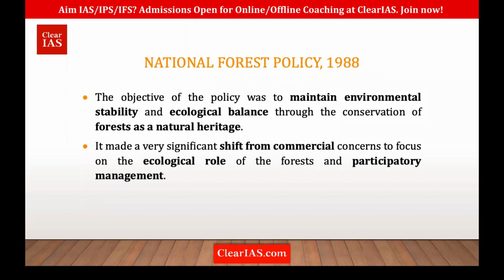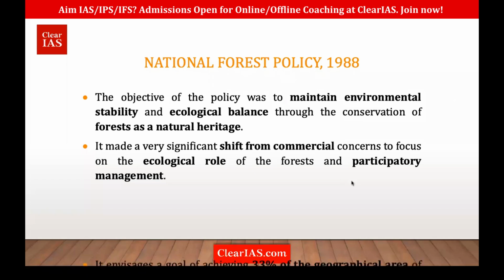They gave forest community rights and asked them to conserve the forest. There was a shift from commercial concern to the ecological role. Earlier, I told you, most of the focus was on the commercial value of the forest. Then it focused on the ecological value.